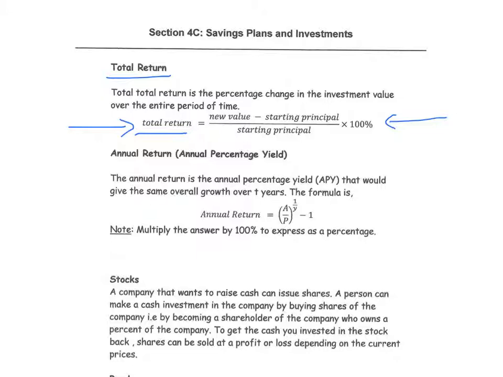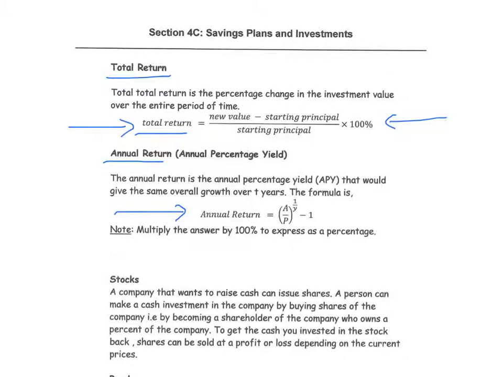Another important number that we're interested in is the annual return. What is the annual percentage yield that would give us the overall growth in the given amount of time? Basically, what is the simple interest rate that would give us the exact same accumulated amount in a certain number of time, which is t years or y years?